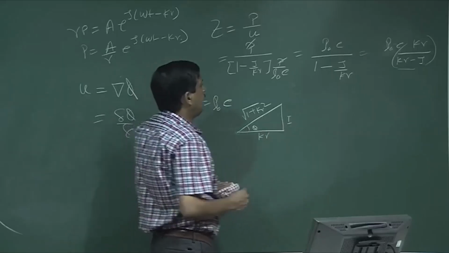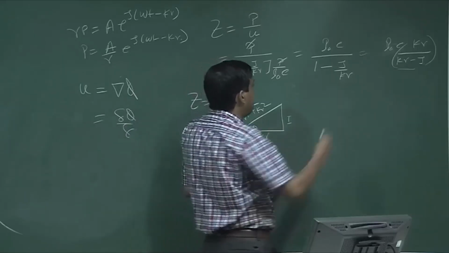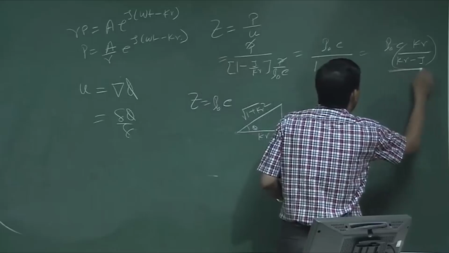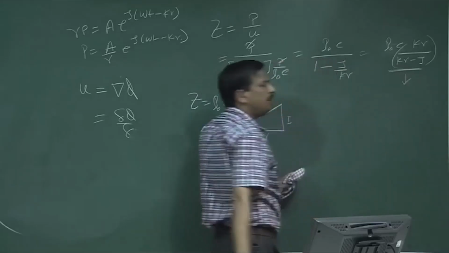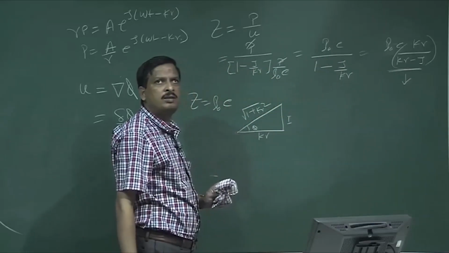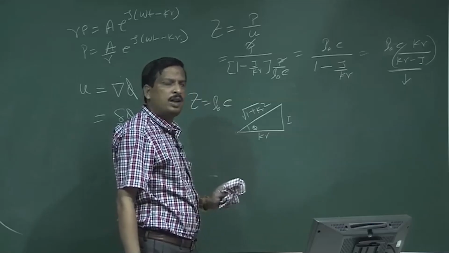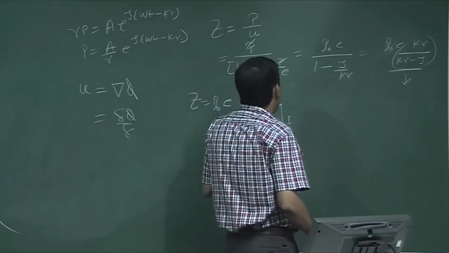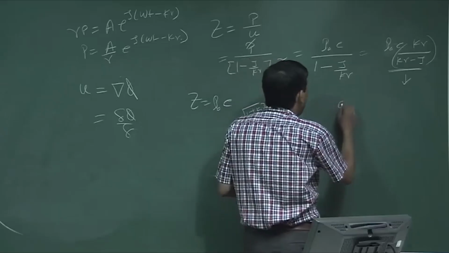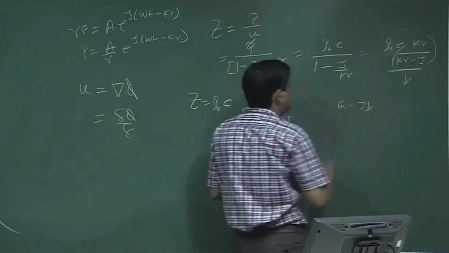I can write this complex term in terms of amplitude and theta. Let us write A minus jB.